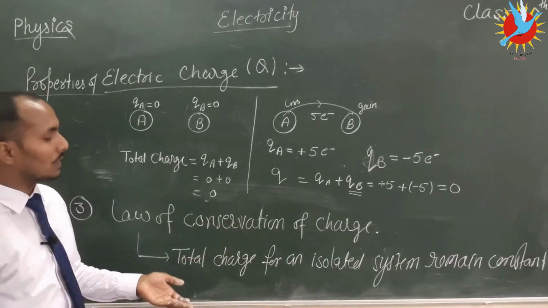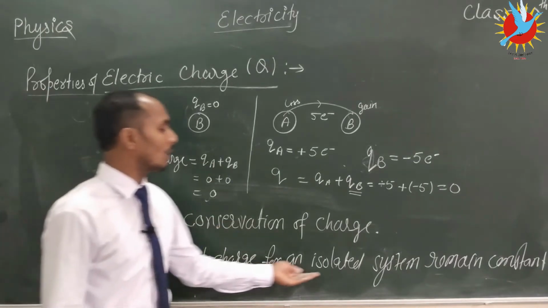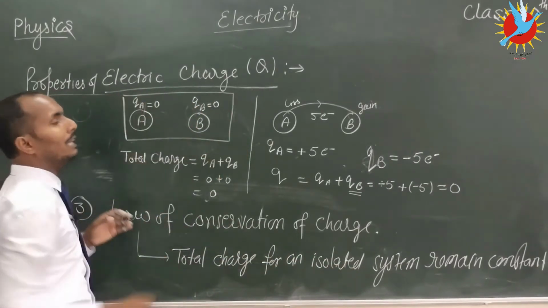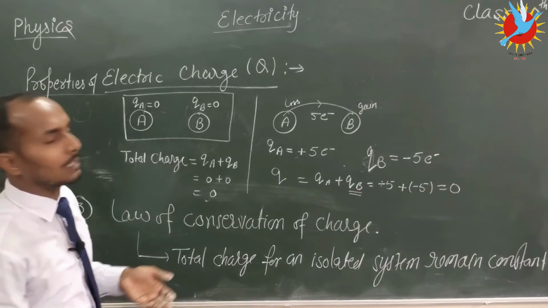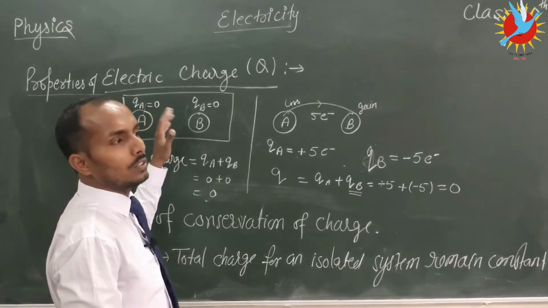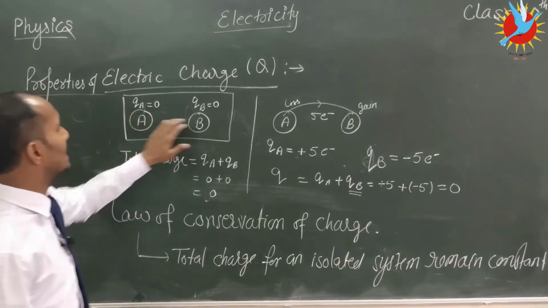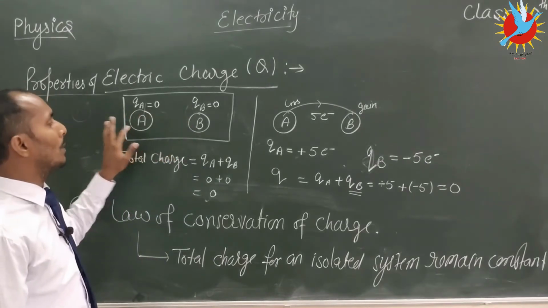What is the law of conservation of charge? It says that the total charge of an isolated system, this system of objects A and B, with no interaction from any external object, remains constant. We're not talking about a third object.